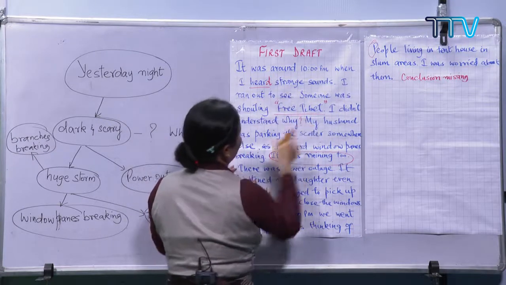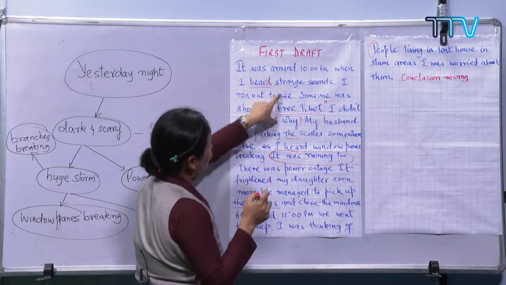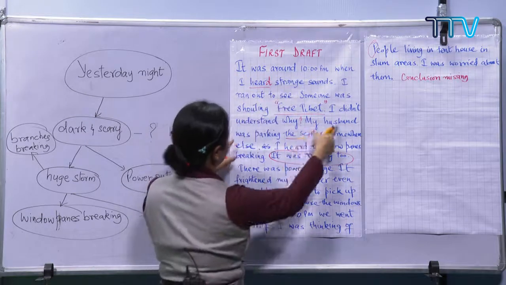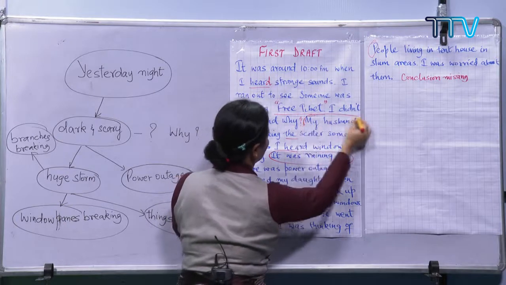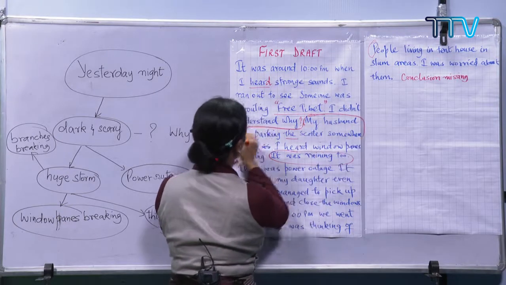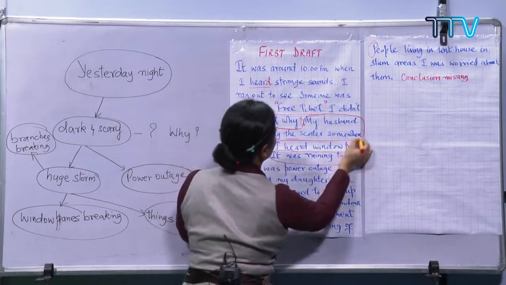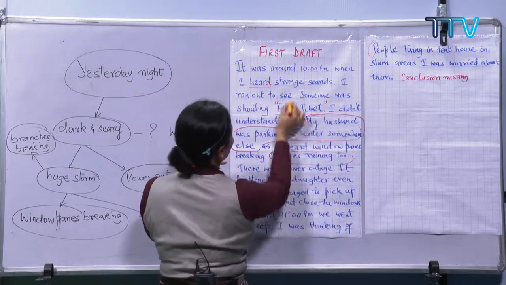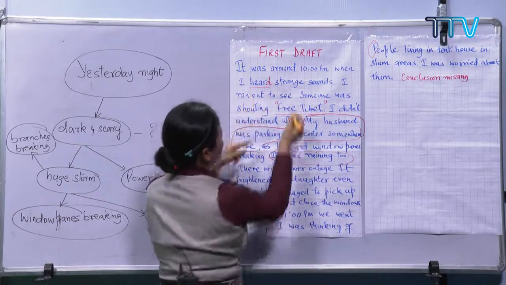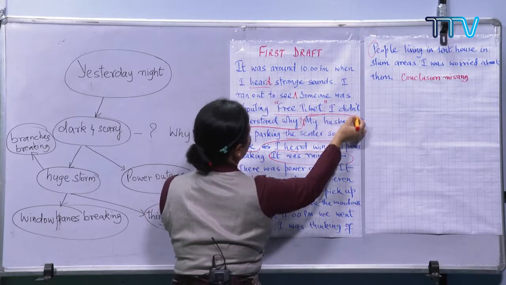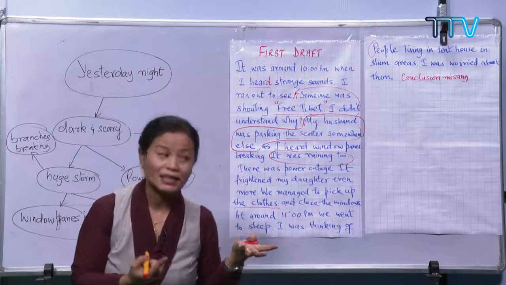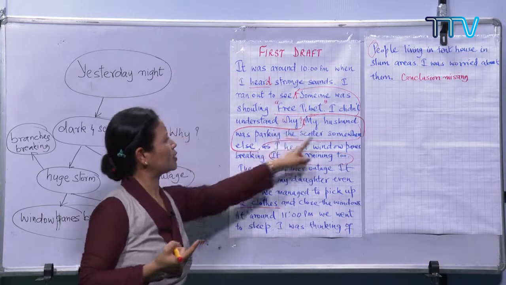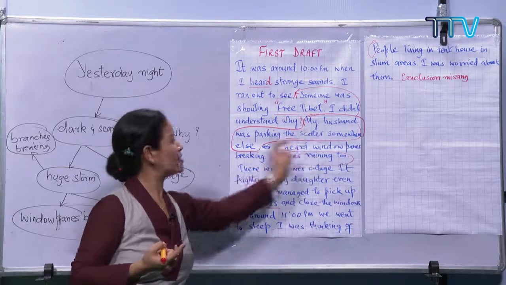Okay. Here, what we need to think is, see, my husband was parking the scooter somewhere else. So we can keep this sentence here: I ran out to see. Here we can add this part, because when I went out, what did I see? I saw my husband parking the scooter somewhere else.